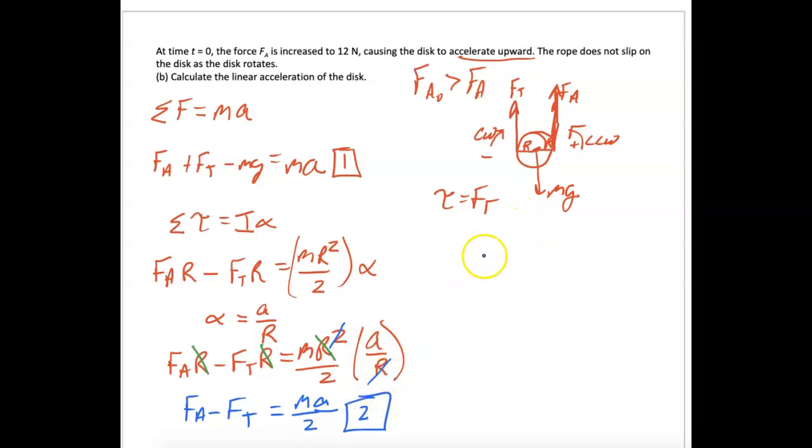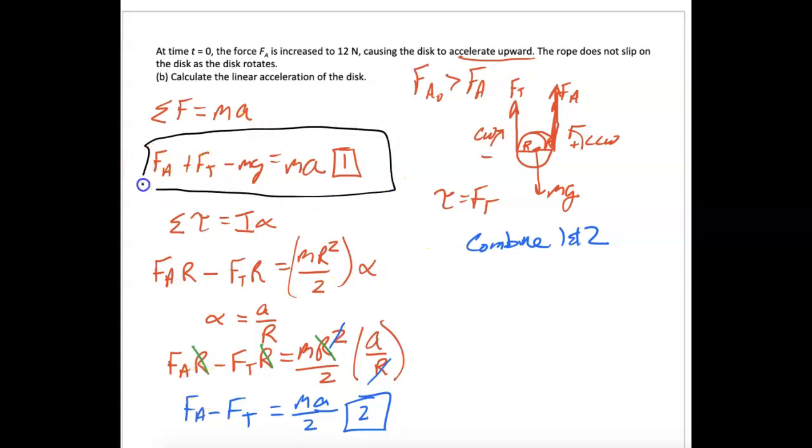Now that I have those two equations, we're going to combine 1 and 2 and make a new equation. So let's do this one in black. If I add the two equations, so it's this equation and this equation that we're adding, here we go.